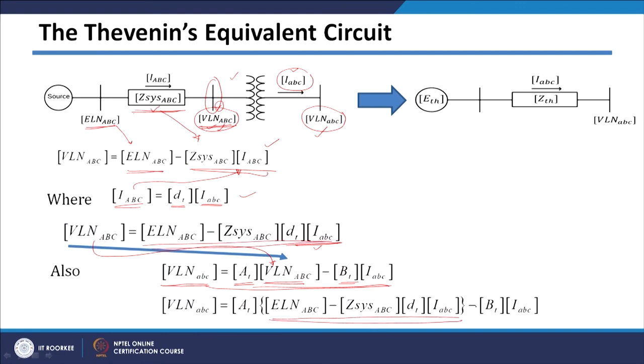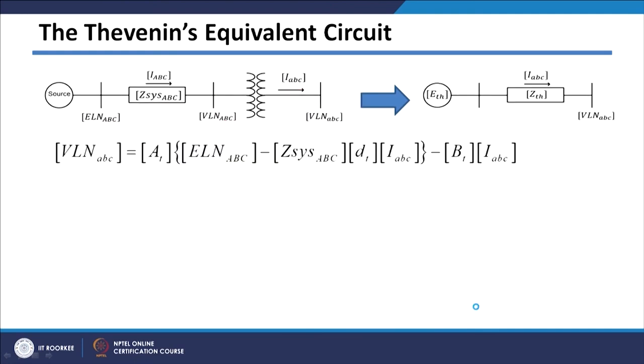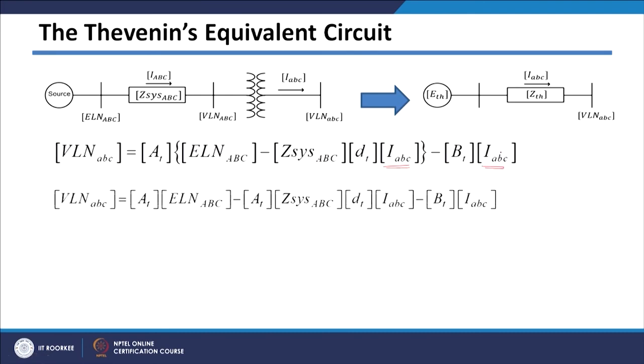Then you just simplify it so that the terms related to the current IABC can be taken together. I can expand it by multiplying the AT matrix inside this bracket, and from that, this is the term which is related to IABC and this is IABC, so I can combine them.